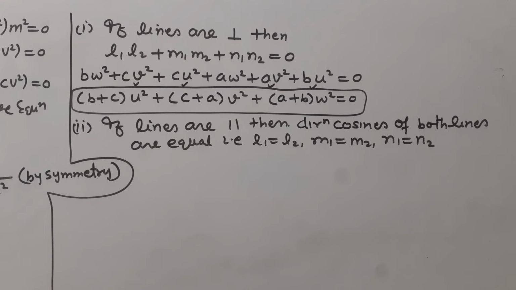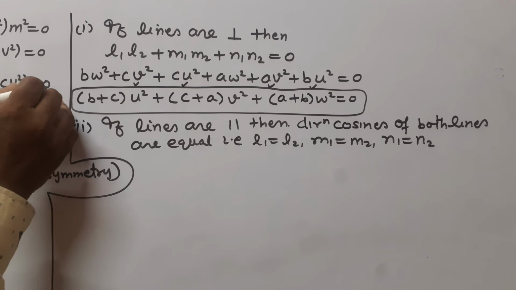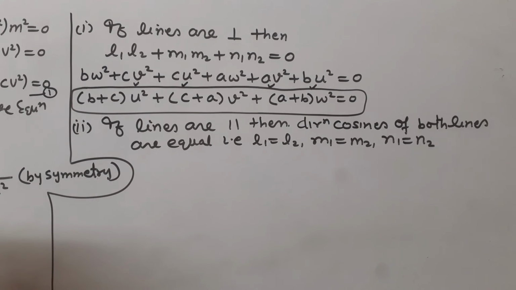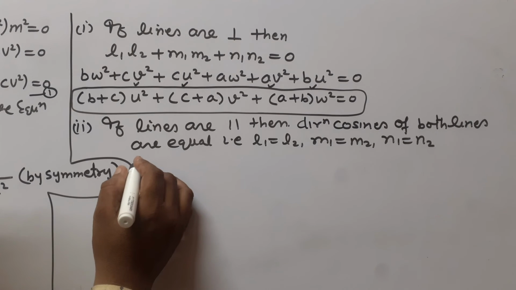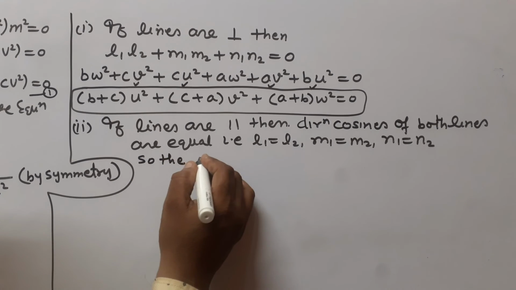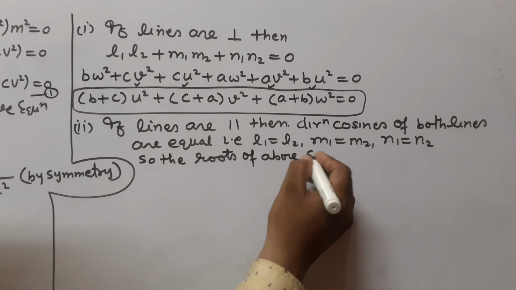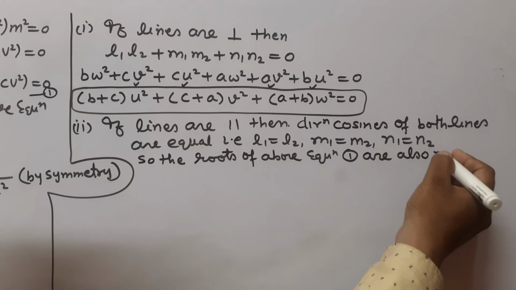So, if the direction cosines are same, the roots of this quadratic equation are also same. So the roots of the above equation 1 are also equal.